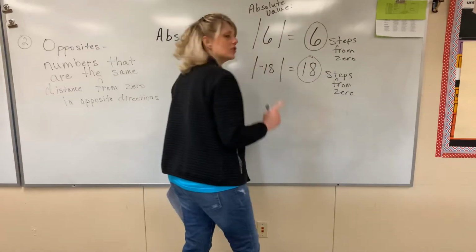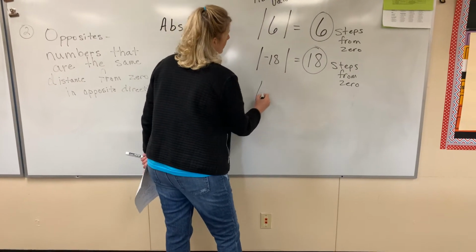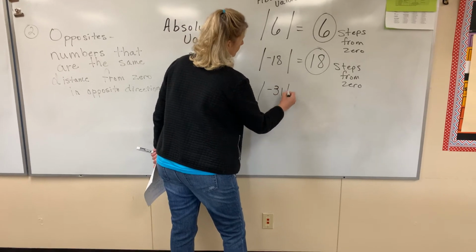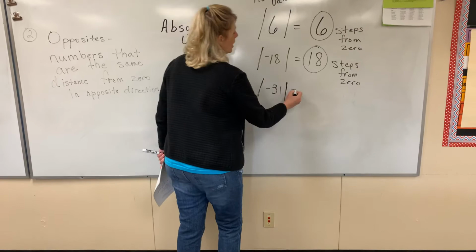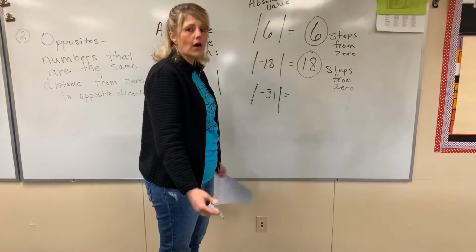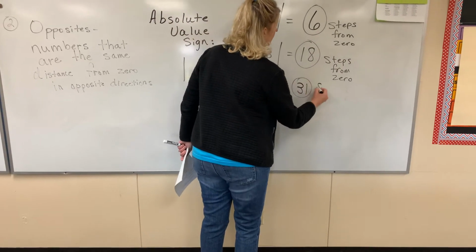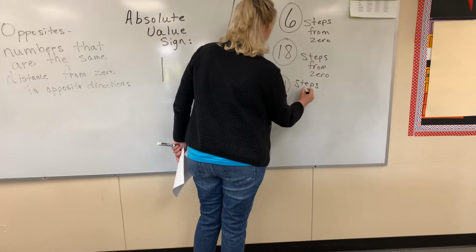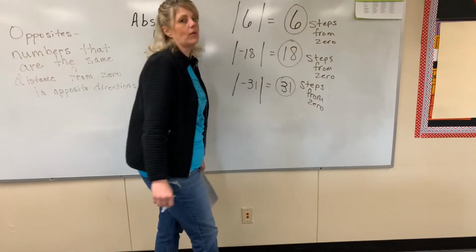Okay? Let's do 2 more. Let's say we had a negative 31. And again, there's your absolute value sign. So, boys and girls, how many steps am I away from 0? 31 steps. 31 steps from 0. No, you don't say I'm negative 31 steps.